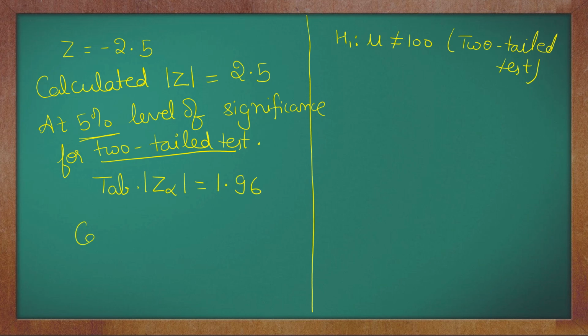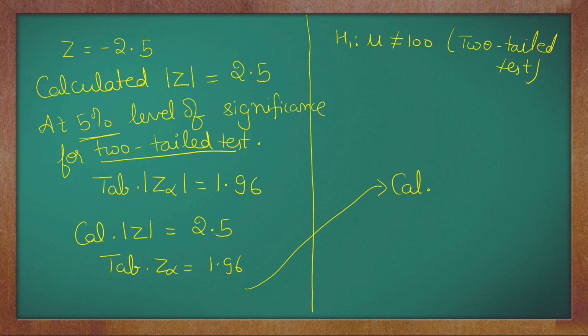Done. So what is my calculated value from the formula? 2.5. What is my tabulated value? 1.96. Now you can analyze: my calculated value is greater than the tabulated value.